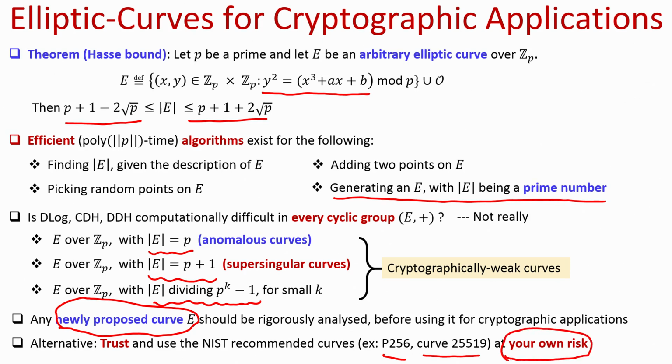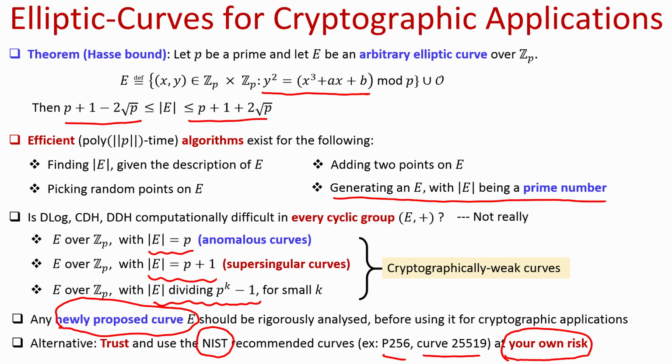And that is why when the government of any country tries to adopt any cryptographic primitive where the underlying cyclic group is based on elliptic curves, they become very skeptical of trusting the curves recommended by NIST, because they believe that there might be some loopholes which only NIST knows, but which are not known in the public domain.